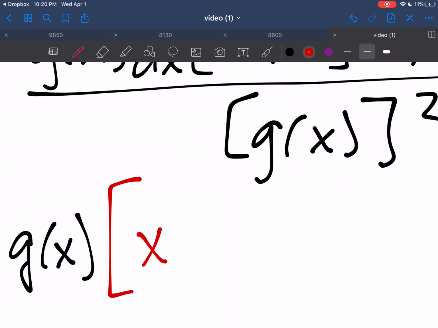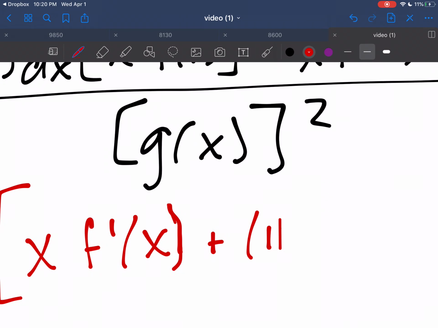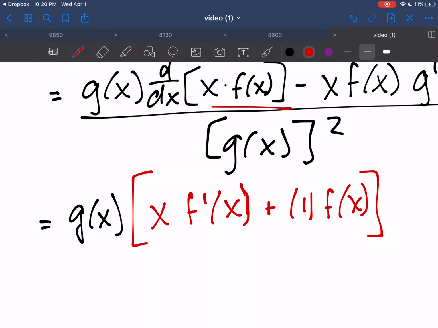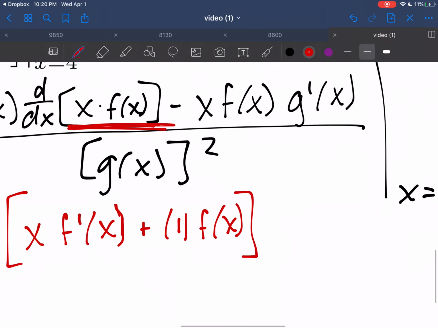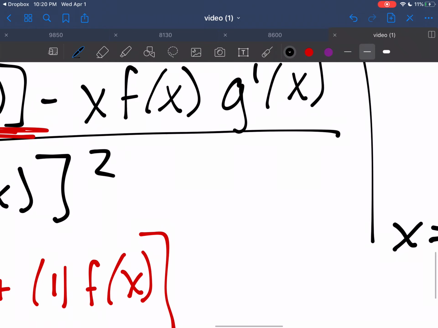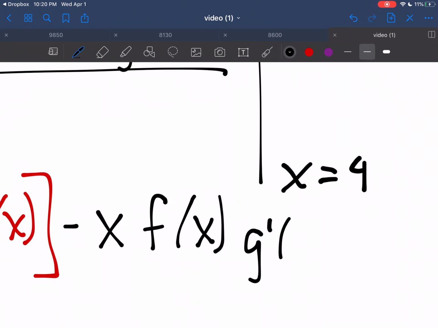Just the original first, derivative of the second, plus derivative of the first, so that's just 1 times the original second. Okay, so there's our product rule in the middle of our quotient rule. All right, and then that'll be minus. Okay, and then we'll pick back up with our quotient rule, so it'll be minus x f of x times g prime of x.